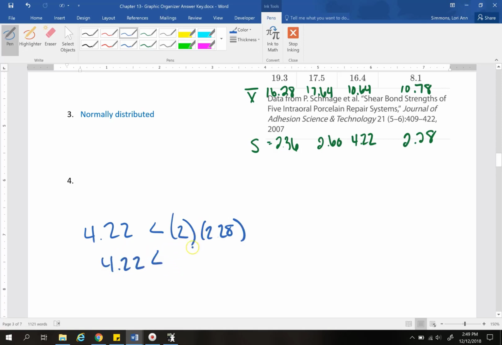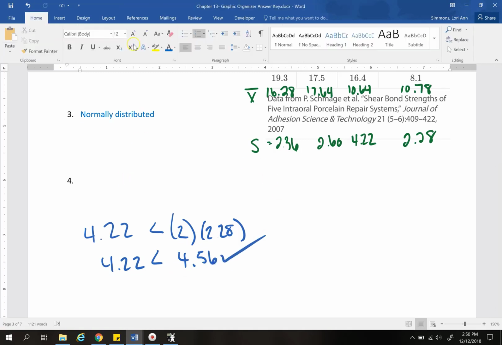Is 4.22 less than 4.56? Yes. So we can say the largest sample standard deviation is no more than twice the smallest sample standard deviation.